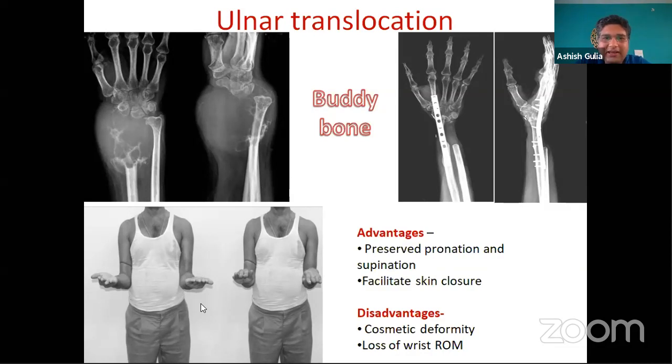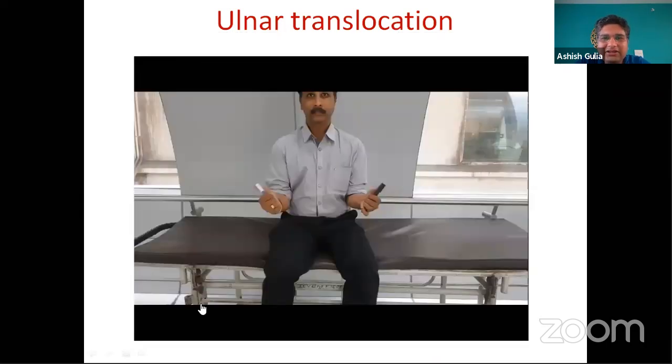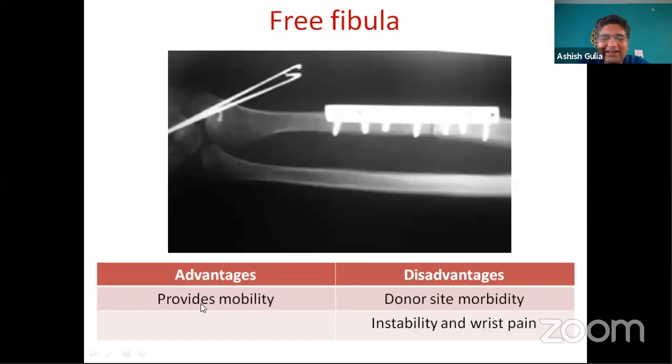A few of my colleagues also prefer doing a fibular arthroplasty, but we at TMH do not have great experience with that. But what I know is that if it is not done properly, with the formation of tendon and fascial slings, the rate of osteoarthritis at the wrist, subluxation, and the rate of revision surgery is extremely high.